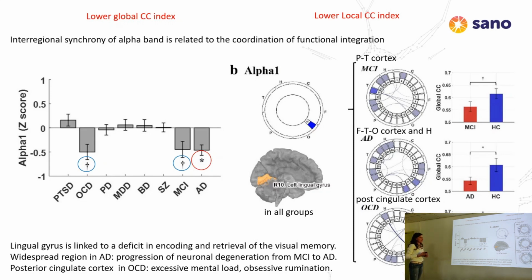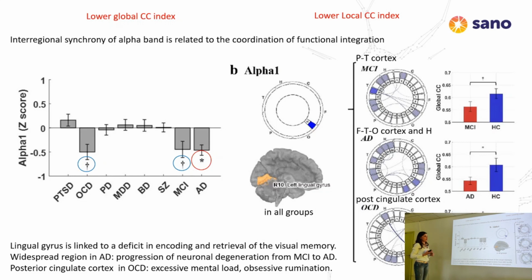And this could mean that a progression of neurological degeneration from MCI to AD patients happens. We know that neural degeneration begins in the temporal regions in MCI patients and then gradually spreads to other brain regions in Alzheimer's disease.